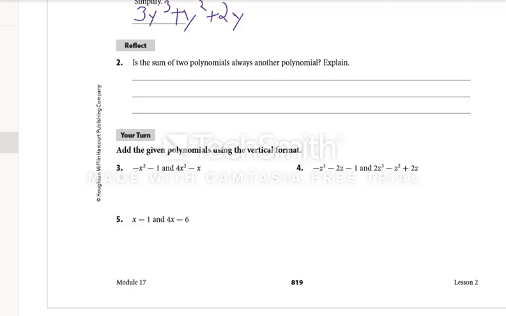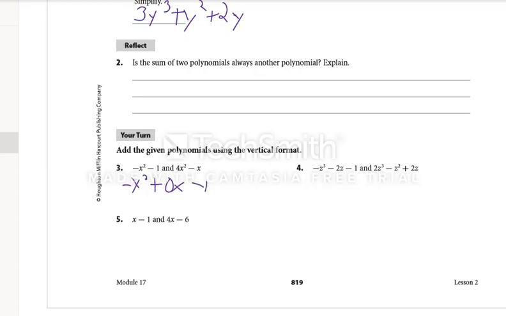Alright. So for the your turn, number 3, we're going to add them vertically. Negative x squared minus or plus, there isn't an x term, so plus 0x minus 1.